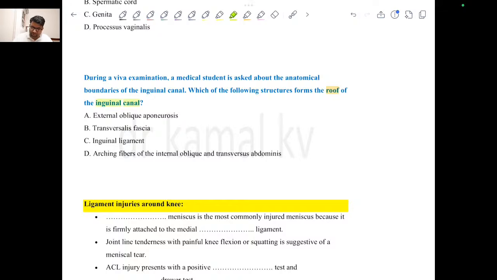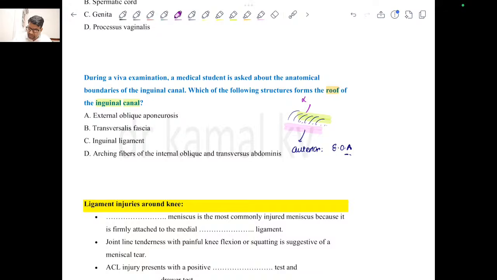Now, here the question is about the roof. So, let me take it like this. Suppose this is the anterior wall, this is the posterior wall, and then obviously this is the floor here, and then the roof, something like this. So, anterior wall is external oblique aponeurosis.